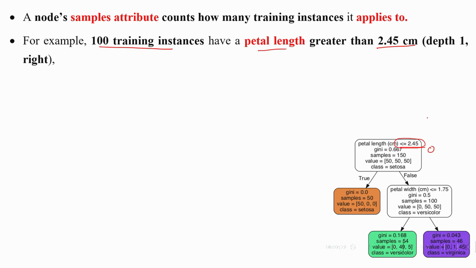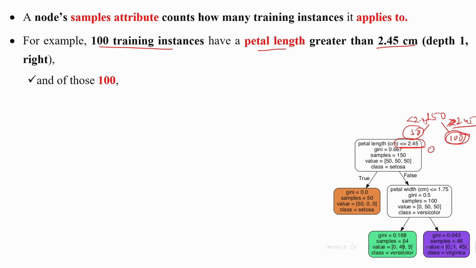Out of 150 instances, 50 elements are less than 2.45, and the remaining 100 elements are greater than 2.45.